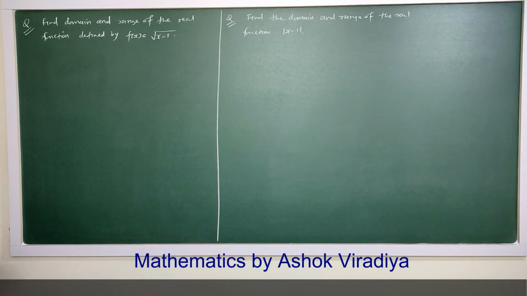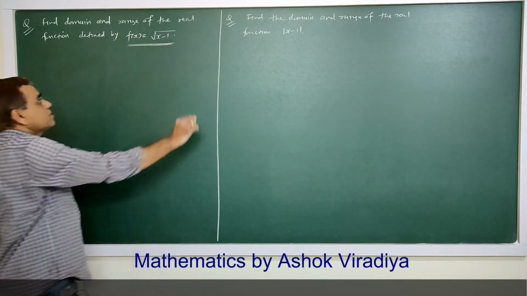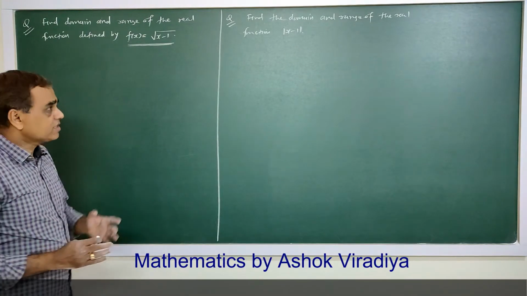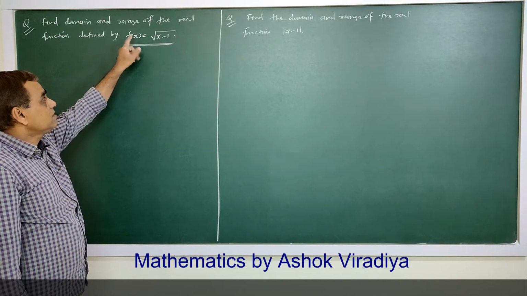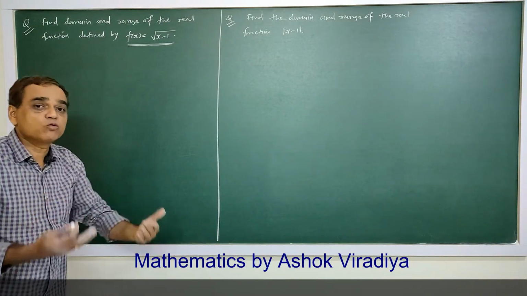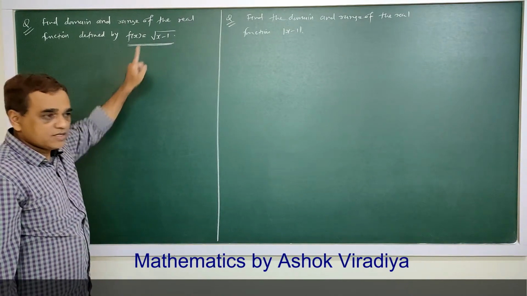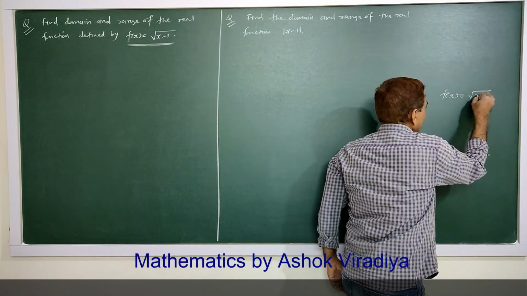Now next question, similar questions. Find domain and range of the real function defined by f(x) equal to square root of x minus 1. As we discussed, domain means the set of numbers for which this function gives output. Here it is a radical sign. See, the formula is f(x) equal to square root of x minus 1.